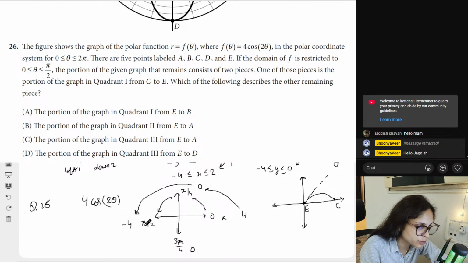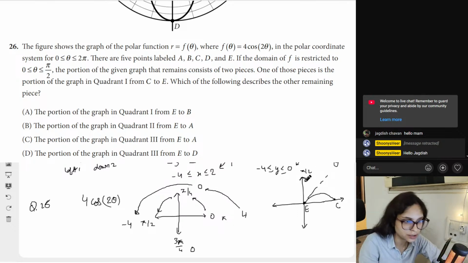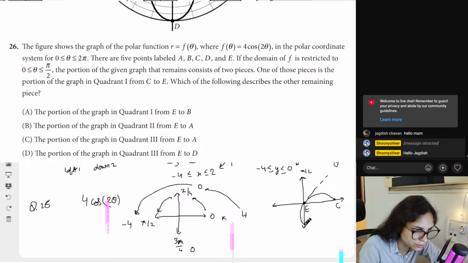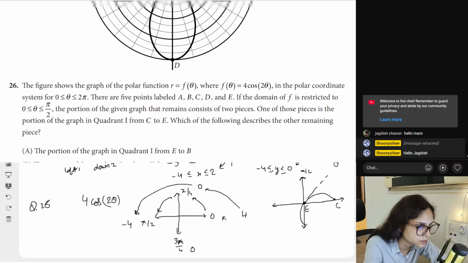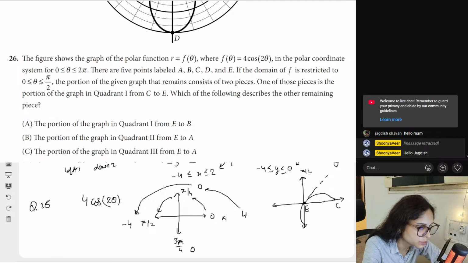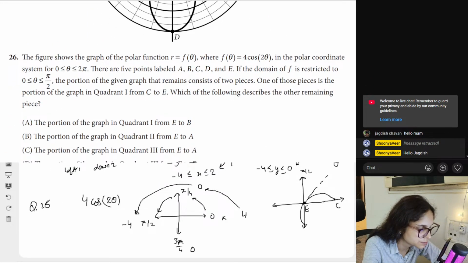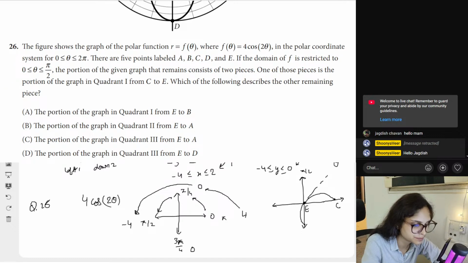So when theta is pi over 2, it's negative 4. So originally this is pi over 2, negative 4 means you're changing the direction, that means you're going down. So this will be the remaining portion, that is from E to D in third quadrant. So option D.